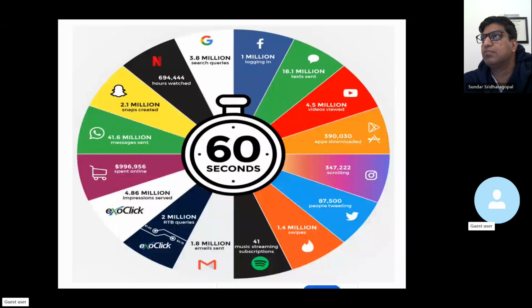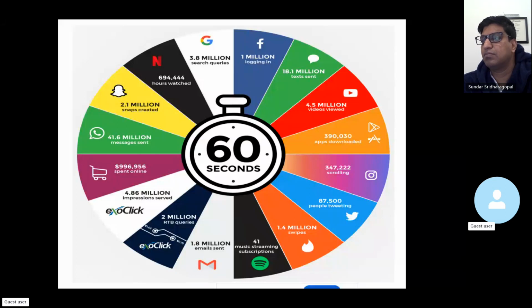Likewise, n number of activities are performed by social networks, communication, mails, text, bank sector, health sector, various domains. We can see n number of users are connected to this internet world.